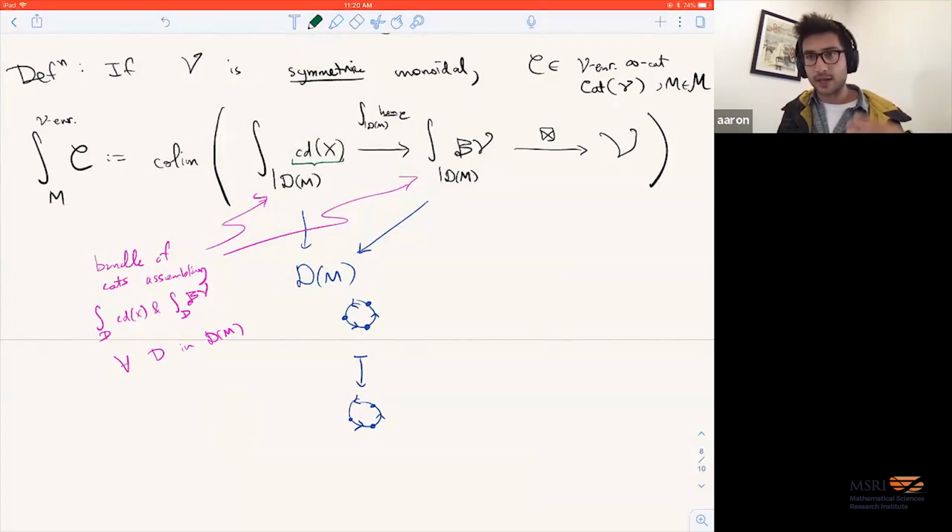Well, remember, it's this category object that only has interesting data at the level of objects.